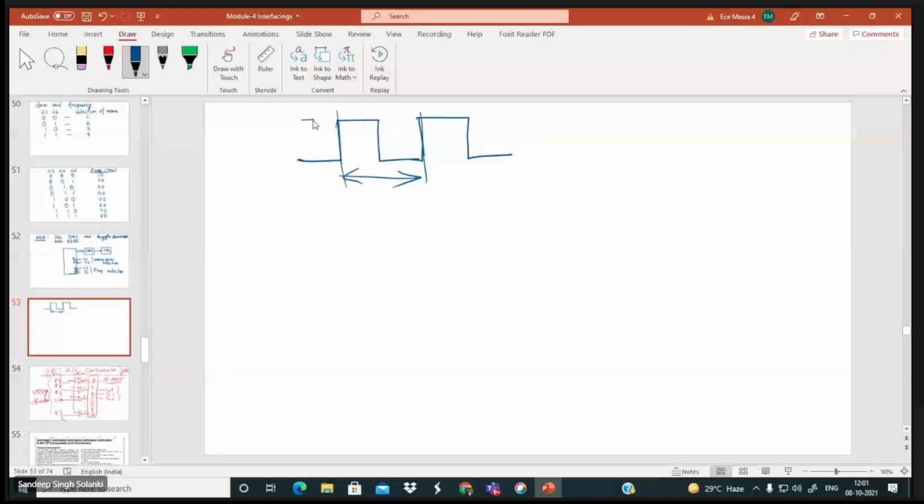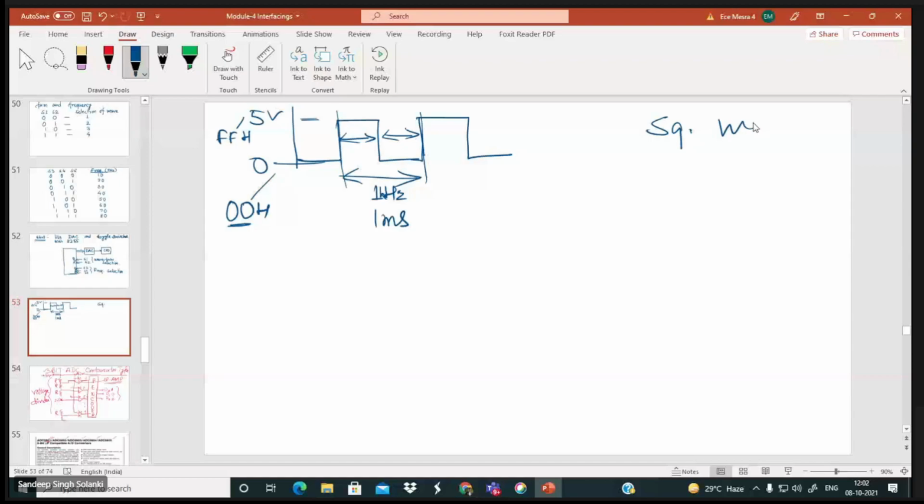For the 0, you have to give 00H, and for 5 you have to give FFH. And if I say 1 kilohertz, it means 1 millisecond, which means 0.5 and 0.5. This we have practiced earlier on SOD, isn't it? You are remembering that, no?